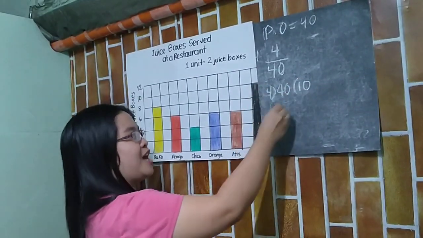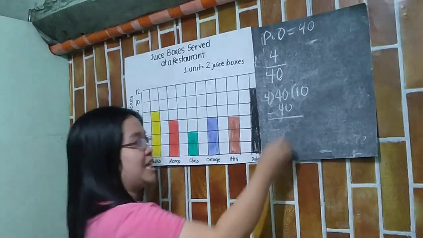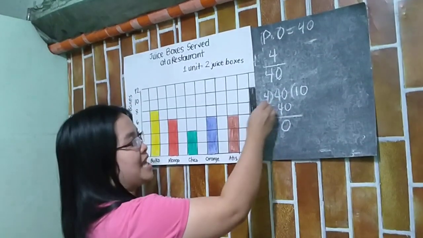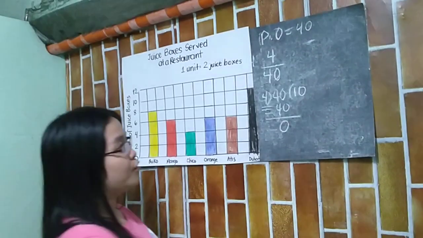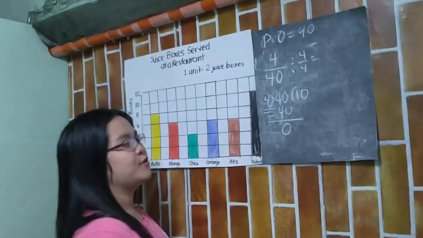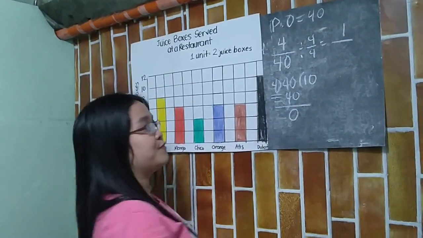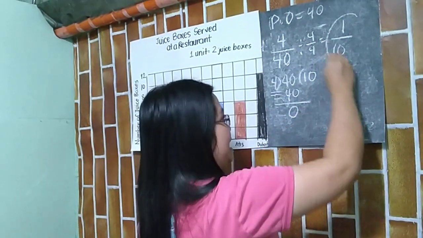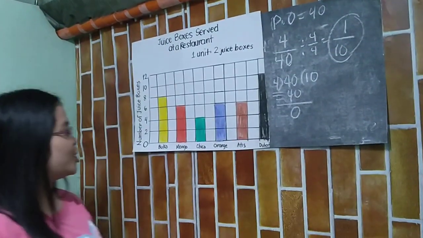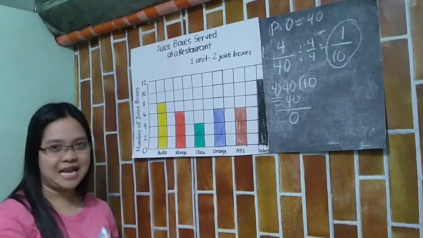There are 10. So 10 times 4 is 40. 40 minus 40 is 0. So the last divisor that we use is 4. So divide both sides by 4 now. So 4 divided by 4 is 1. 40 divided by 4 is 10. So the probability of serving chico juice at a restaurant is 1/10.